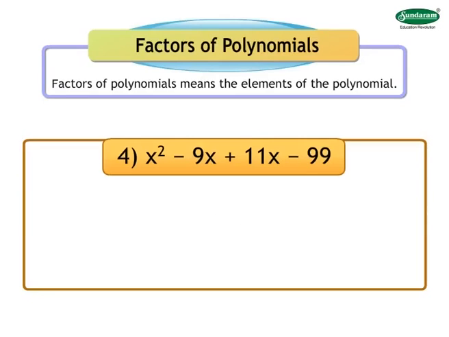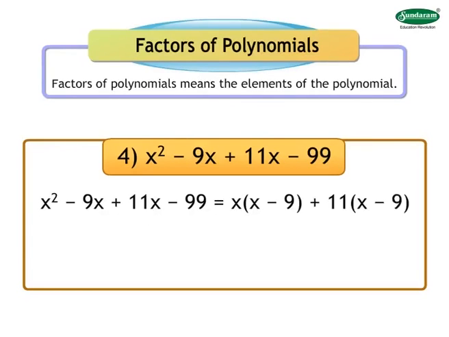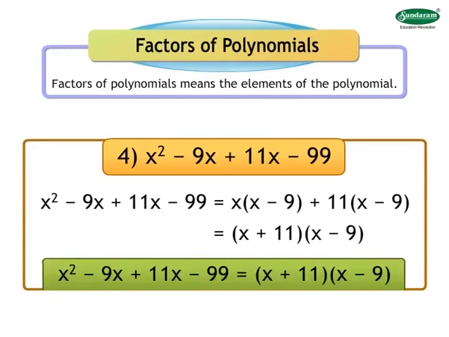Hence, the factors of x square minus 9x plus 11x minus 99 is equal to x into x minus 9 plus 11 into x minus 9, which means x plus 11 in one bracket and x minus 9 in the other bracket. Hence, the factors of x square minus 9x plus 11x minus 99 is equal to x plus 11 and x minus 9.